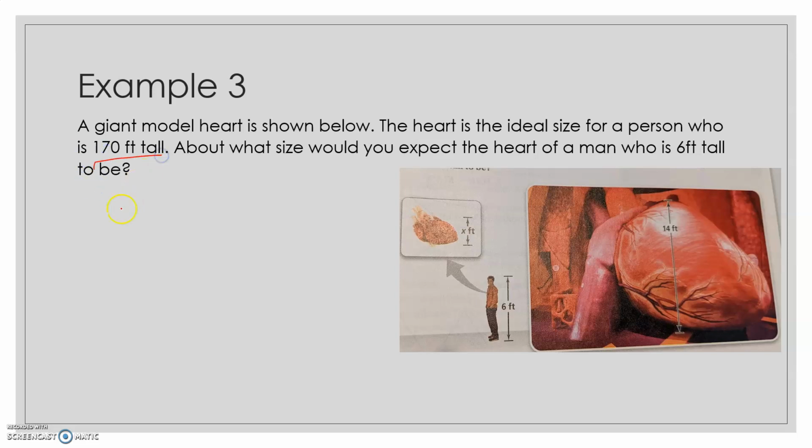And so again, we start with kind of our ratio that we know. And so what we know is that if we have this 14 foot heart, that's for a 170 foot tall person. That's the information it gives us. It's the first comparison that we know.